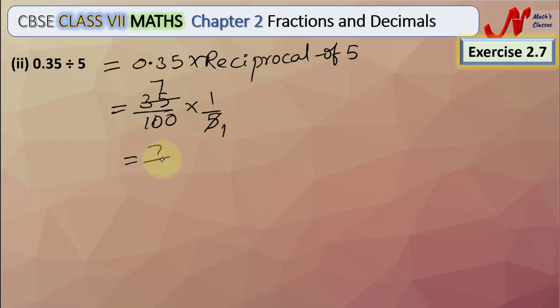So it can be written as 7 by 100. In the denominator we have 2 zeros, so from right to left we keep the decimal point after 2 digits, but here we have 1 digit, so we put a 0 and then we put the decimal point. Therefore 0.35 divided by 5 is equal to 0.07.